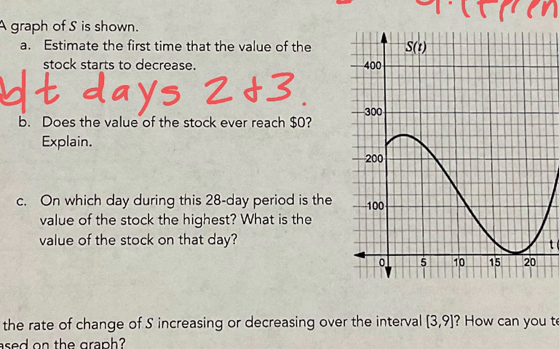So does the stock ever reach $0? No. And you guys are all over this. How did you know it was never $0? Or why did you think it did reach $0? What did you guys say? Yes, and that's called bankruptcy, an X intercept, or a 0. So if you said yes, it reached $0 because there's an X intercept at 18, then that's fine.